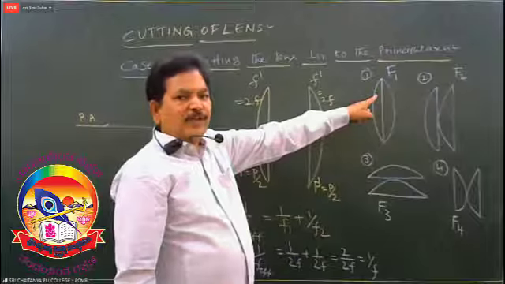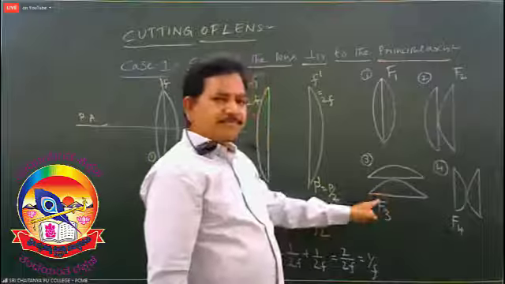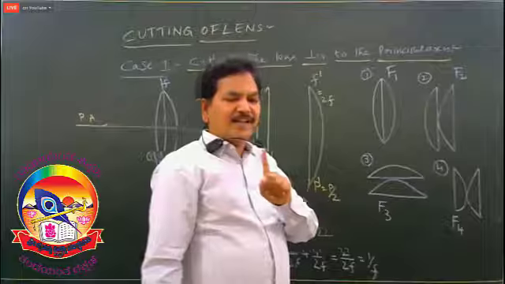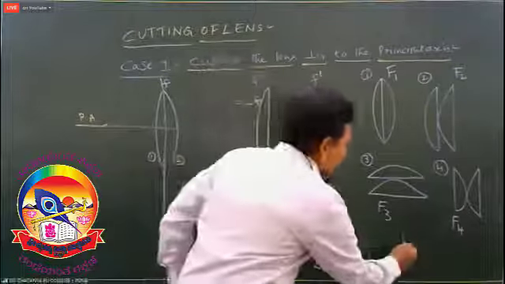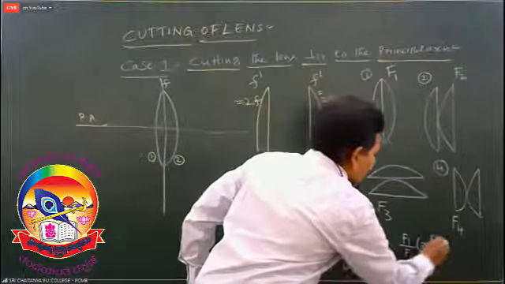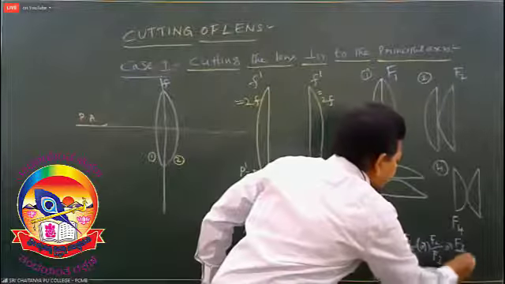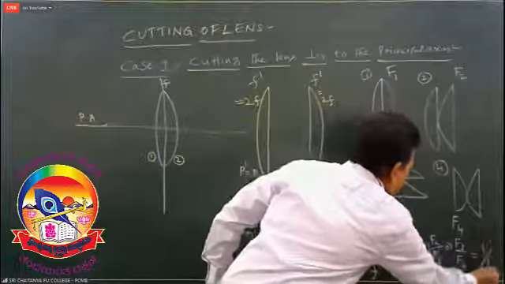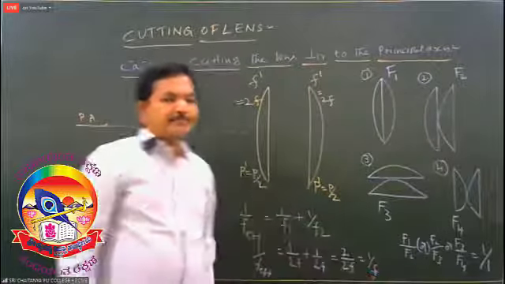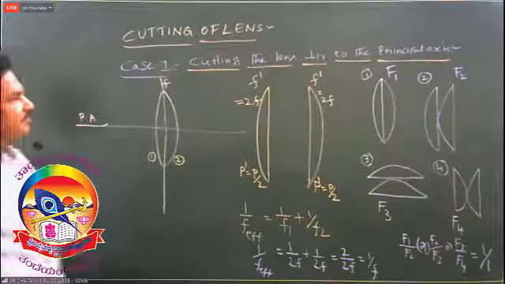Now you are asked to find the ratio of f1 by f2, f2 by f3, f3 by f4, any two combinations. The answer is 1:1, because the effective focal length is f only. This is asked a number of times in competitive examinations.